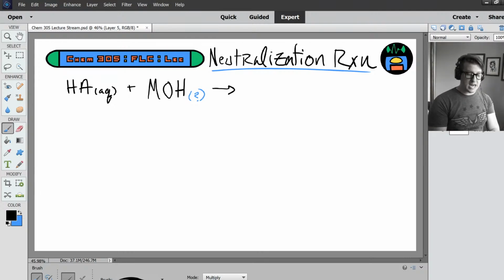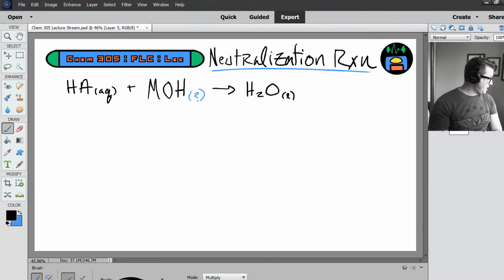And these two react to produce two things every time. Every acid-base neutralization always reacts to produce water, liquid water, and some sort of ionic salt.